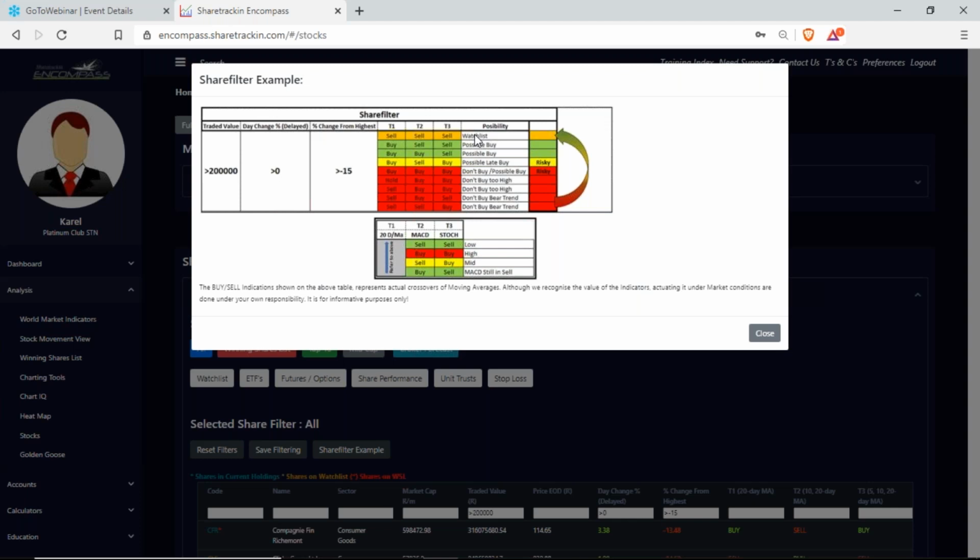In other words, if we go and look at the graphs, it means that this share is busy dropping. It gives you your possible buys, your risky buys, your shares that are already too high, and then shares that are busy dropping again. Okay. I say close.